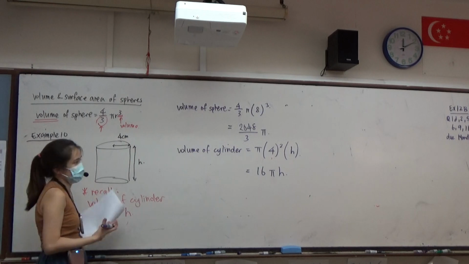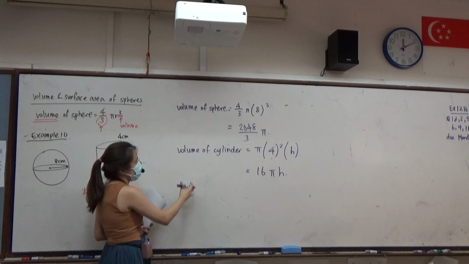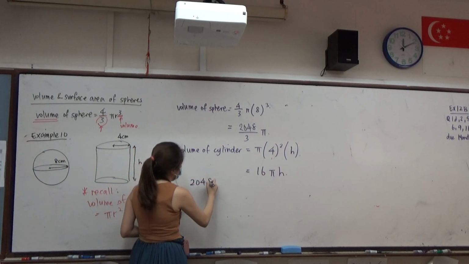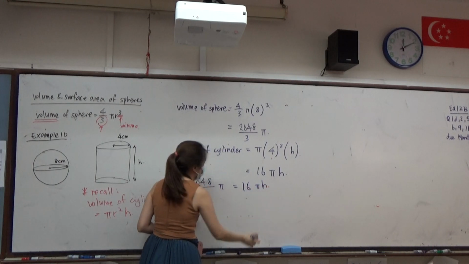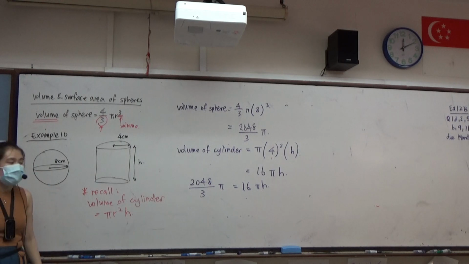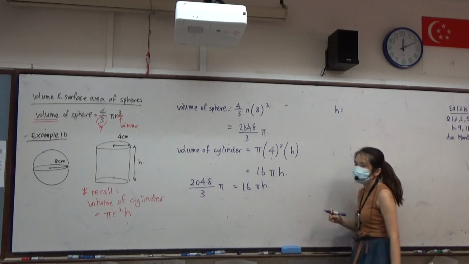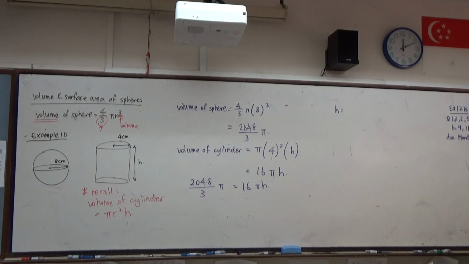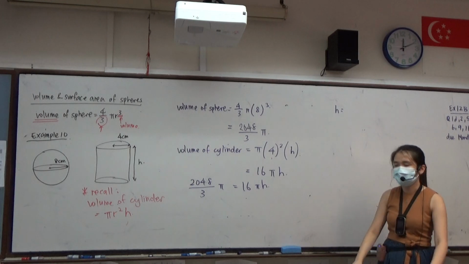So this is how we keep things in exact numbers. Now that we have the sphere and cylinder, we know that they are equal, so we equate them. How do we find out what h is? What divided by what?